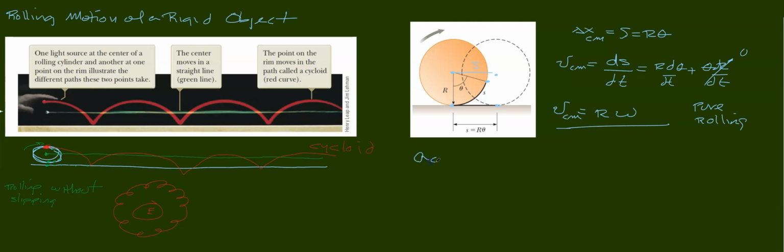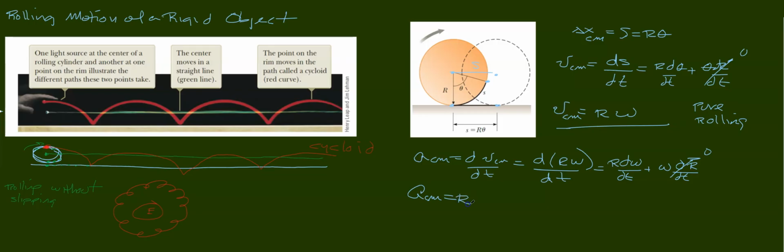To find the acceleration of the center of mass, we have to take the derivative again, which is going to be the derivative of r omega with respect to time. So r d omega over dt plus omega dr over dt, but this again is 0. So the acceleration of the center of mass is r alpha.